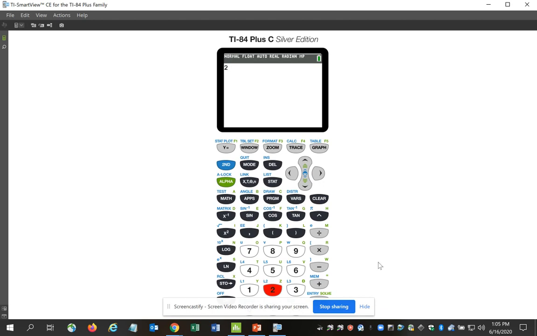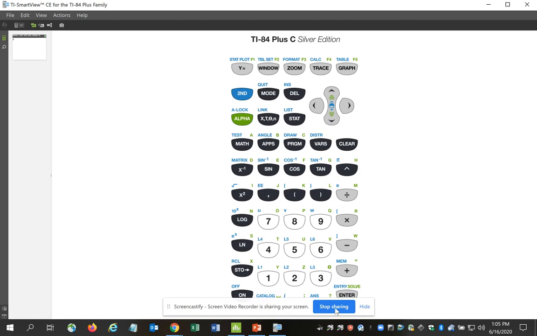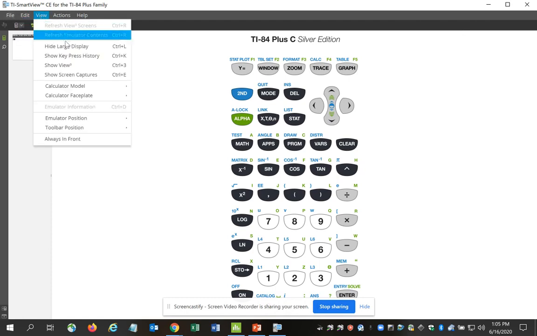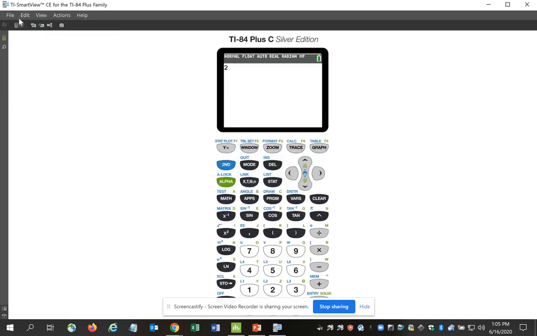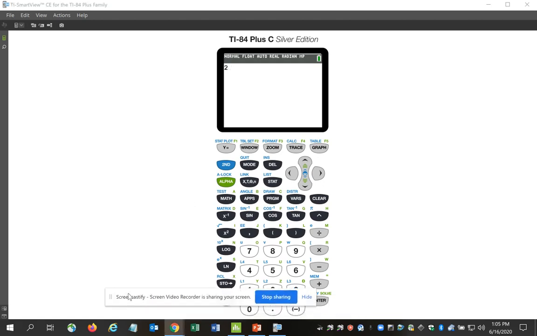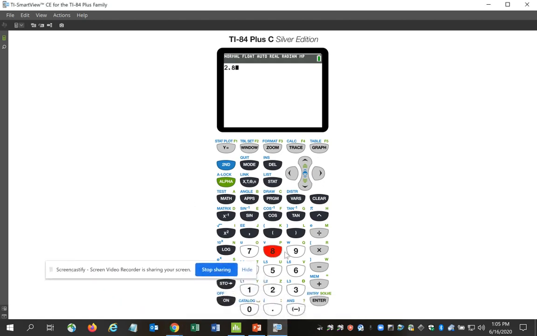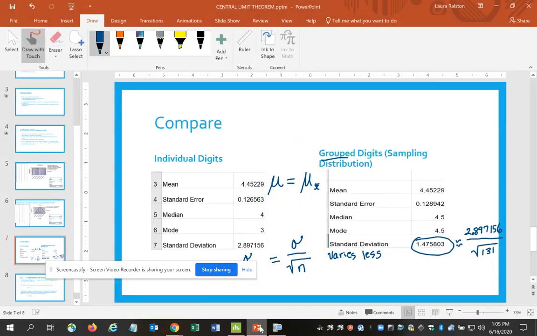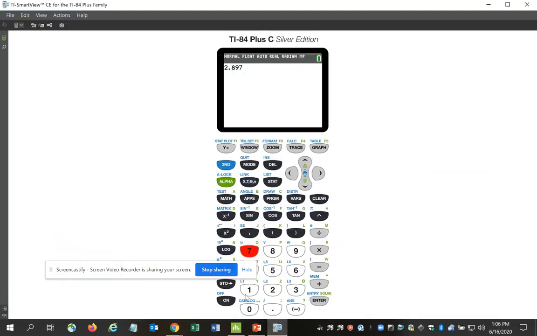Okay, so we had, let's see. 2.897156 divided by the square root of the 131 that were in our initial sample.